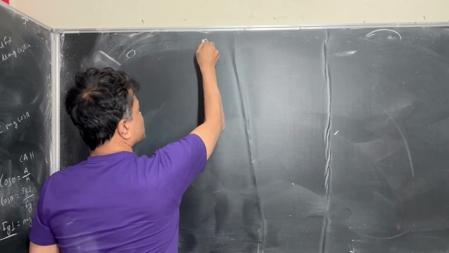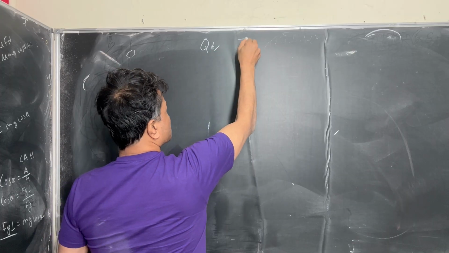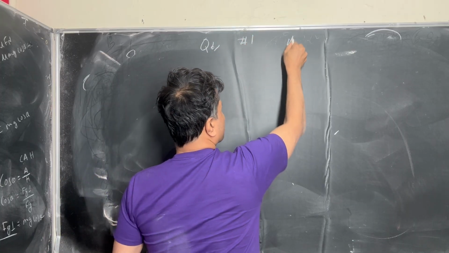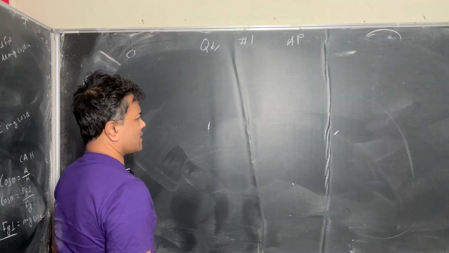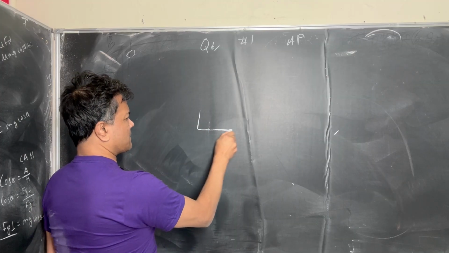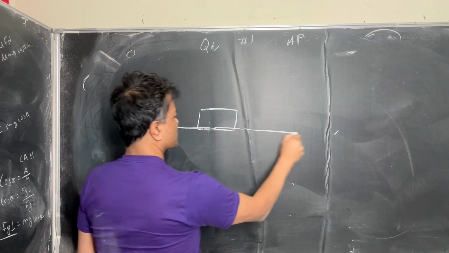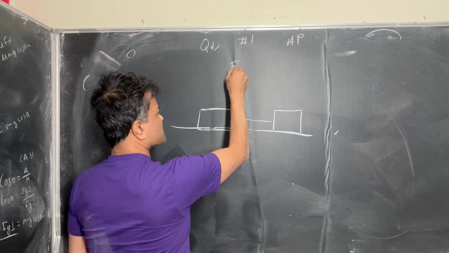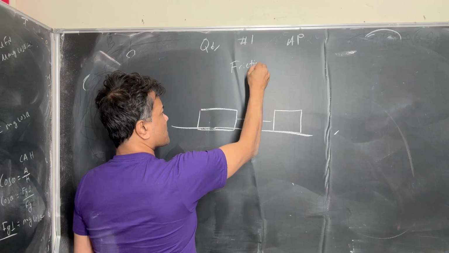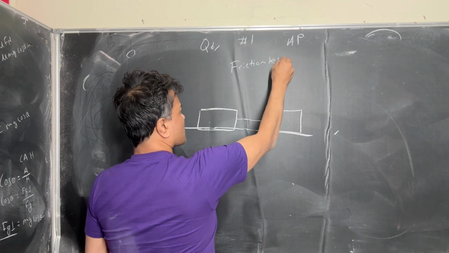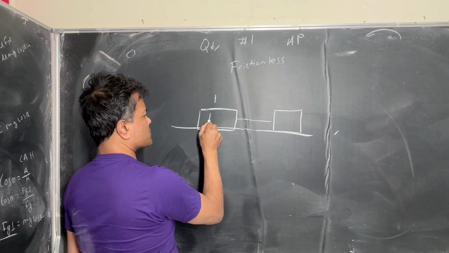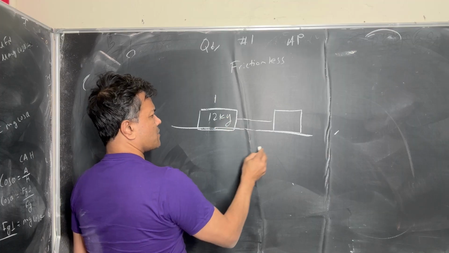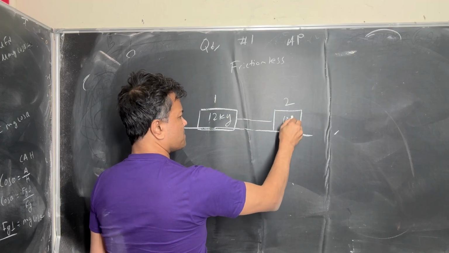This is quiz 6, question number 1, AP Physics. Okay, problem 1, you have two boxes sitting on a frictionless surface. Box number 1 is 12 kilogram. Box number 2 is 10 kilogram.